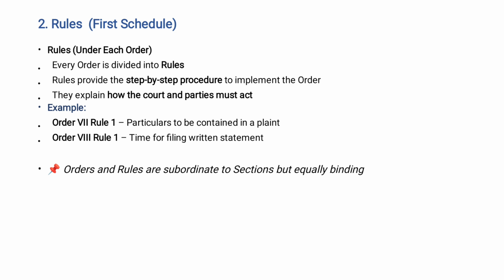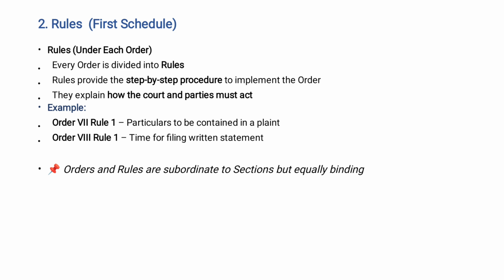Now, coming back to our example, we discussed A and B. They had an issue regarding a property. Now, A wants to file a case against B. How can he file a case?